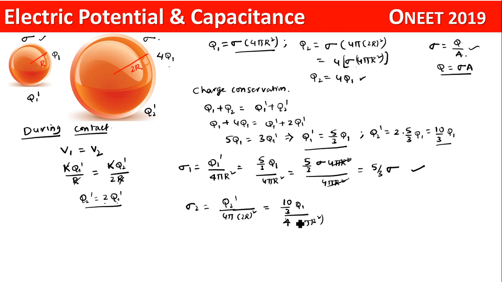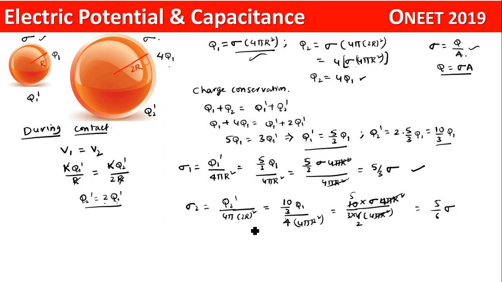Q1 is sigma into 4 pi r square, so the 4 pi r square cancels. The 2 fours cancel and 2 fives are 10 by 3 into 4 is 5 by 6 sigma.